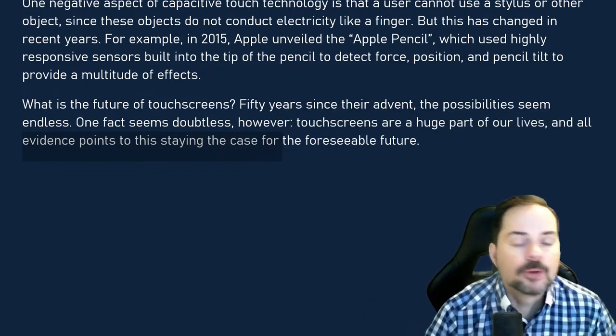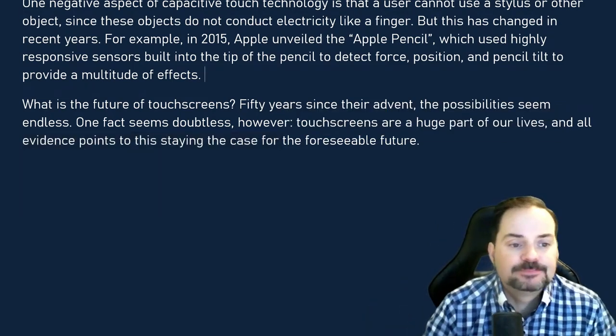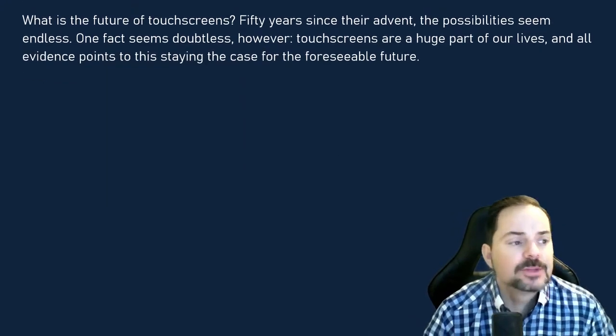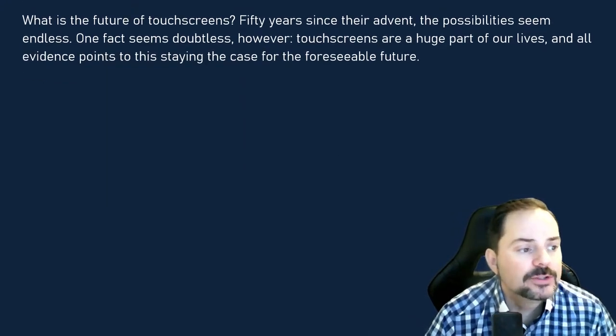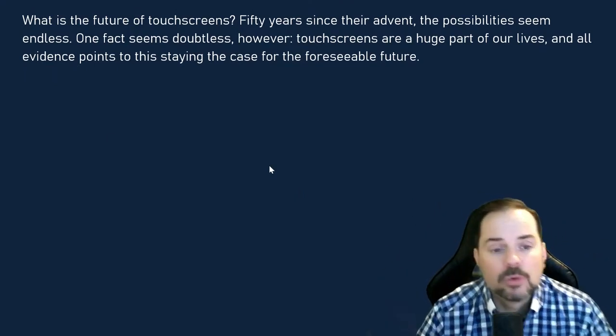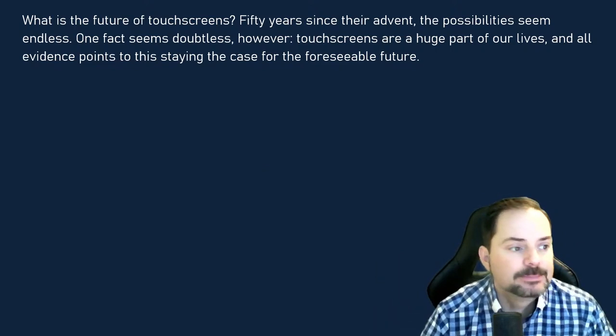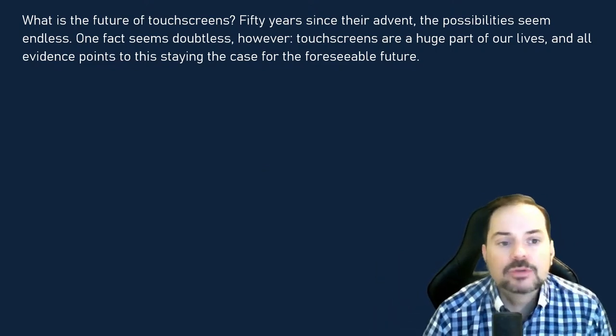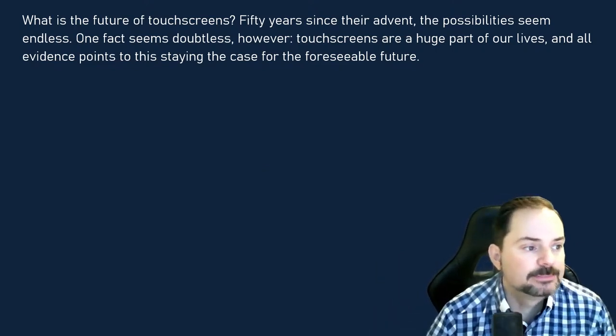Awesome. Okay, so students, here's an interesting fact. In the IELTS, there's a good chance that you're going to get a reading passage where you have two, sometimes even more, categories. In this case, we have two types of touchscreens. What are they?